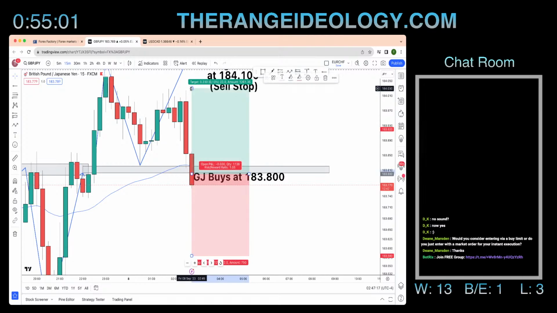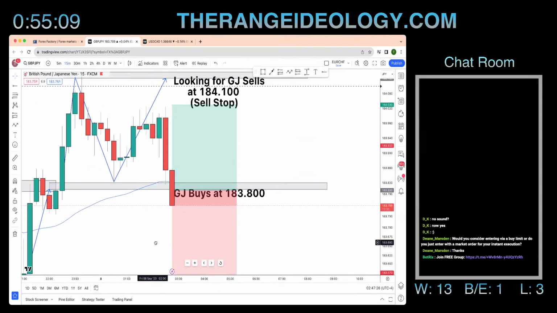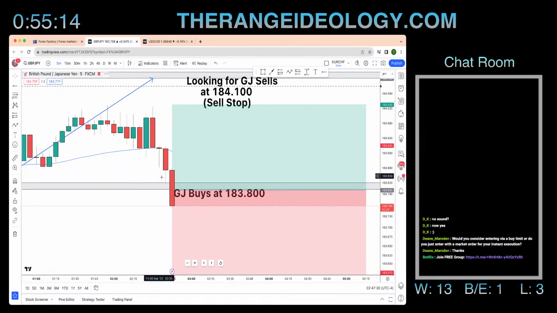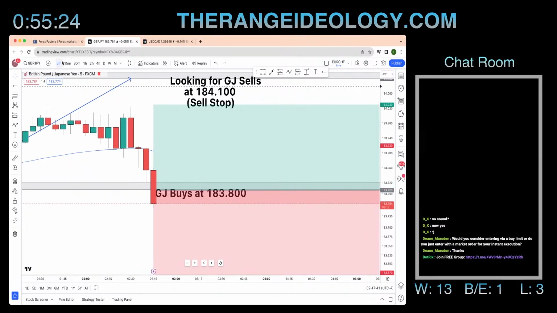So 23 pips. And 23 pips down. So 183,570 is our stop loss. And 184.030 is our TP here.